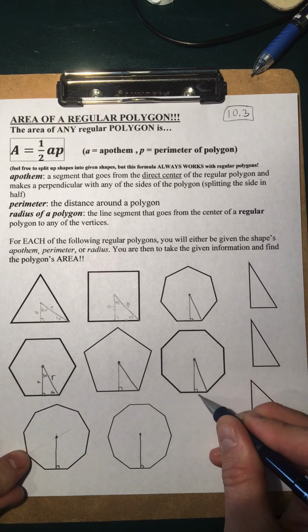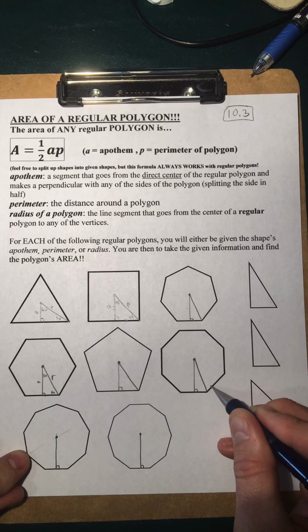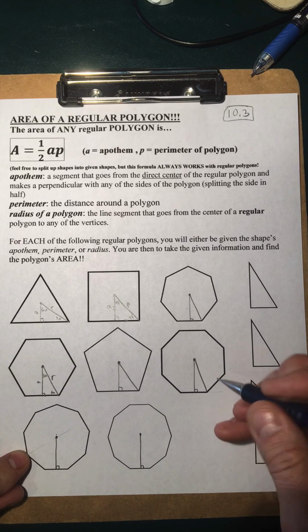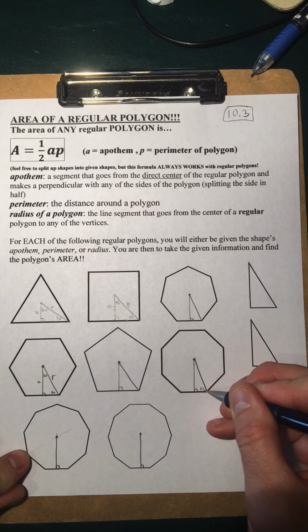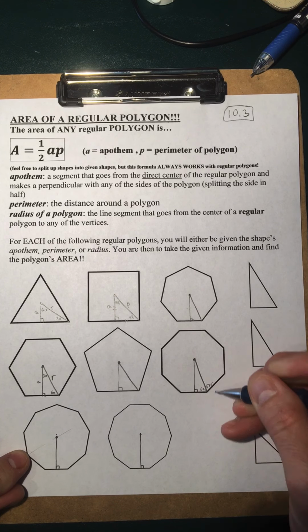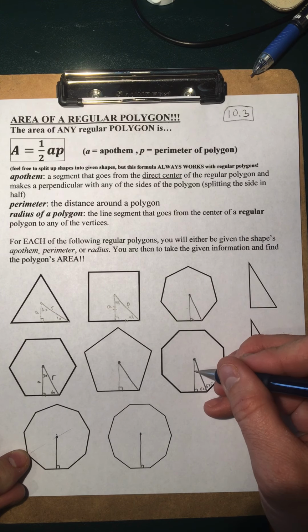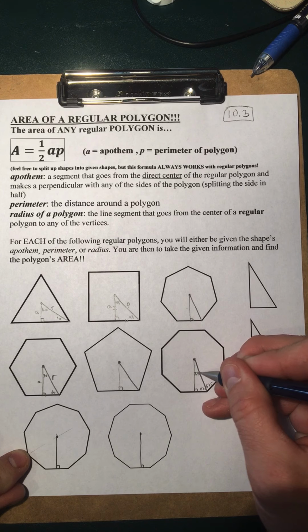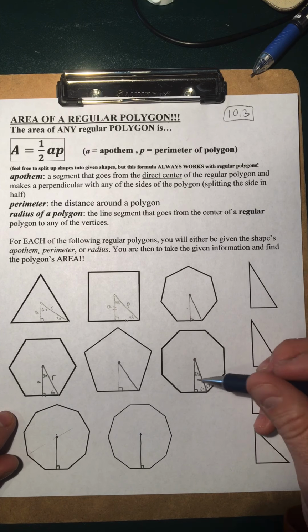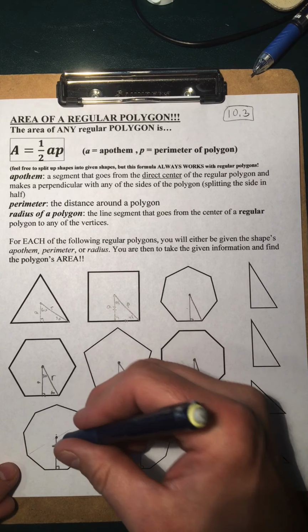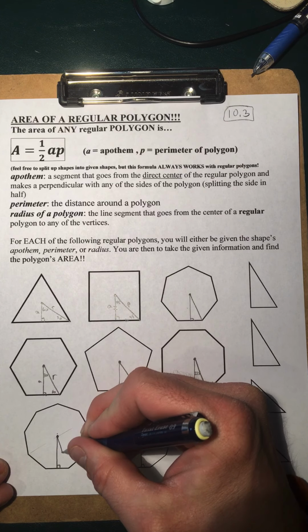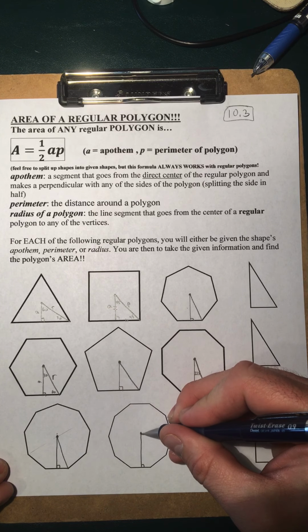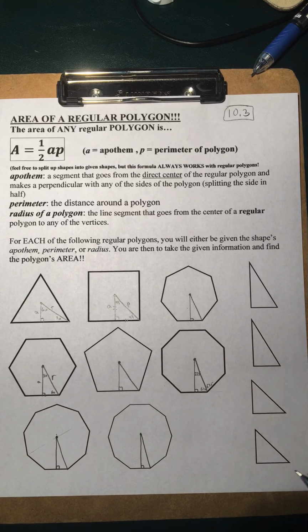In an octagon, this is a 135 inside, 45 here. 135 divided by 2 is 67.5. So that means this guy is 22.5. Interesting. We'll get to that one later, as well as this skinny little right triangle.